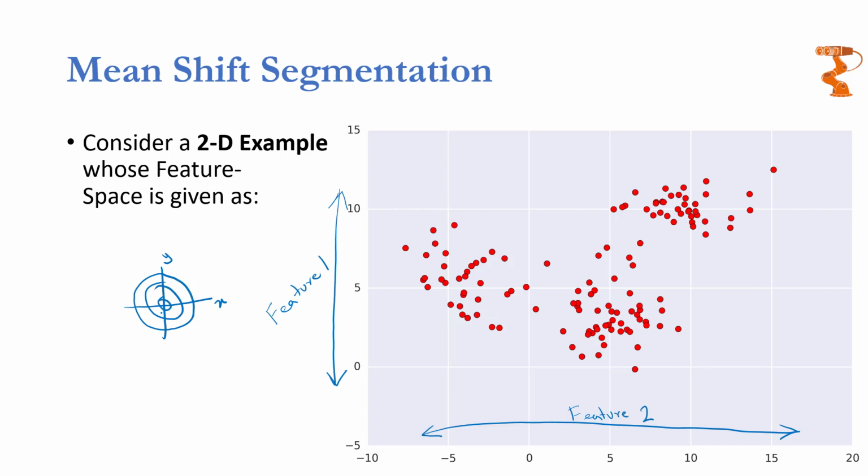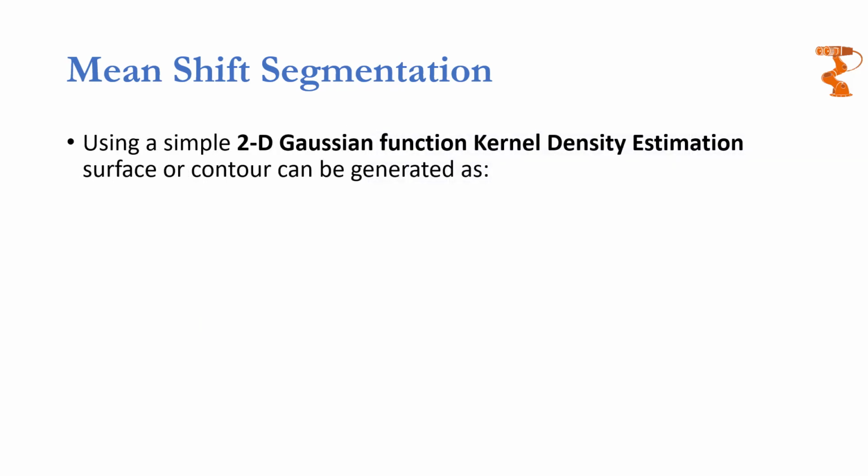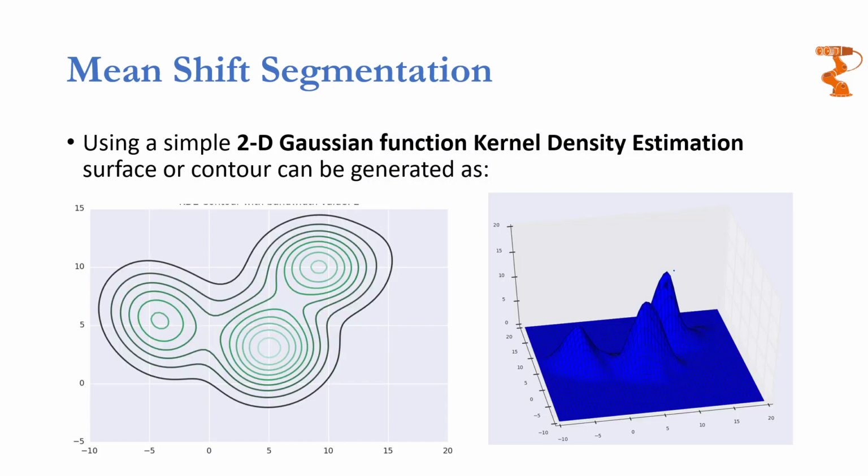So it will look like a bell if you look from the top. So we need to apply this kernel function to all these points and then sum up all the kernel functions. So what are we going to get? We are going to get something like this.